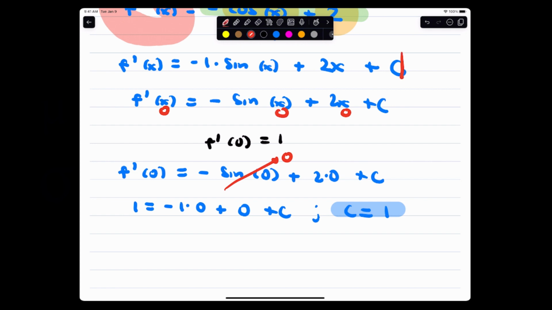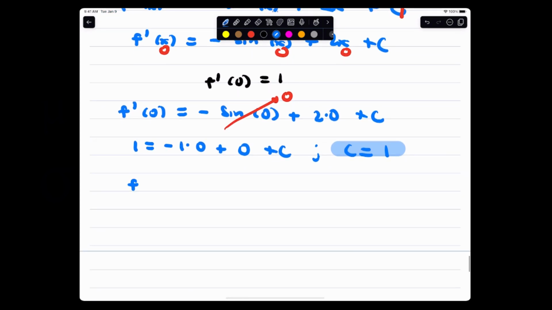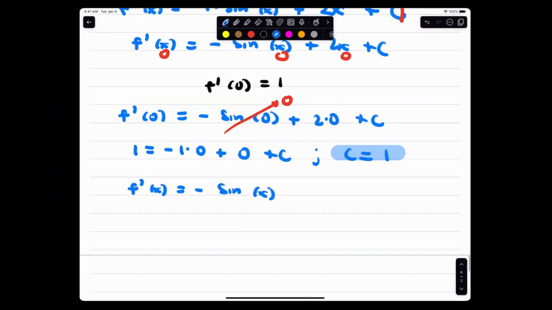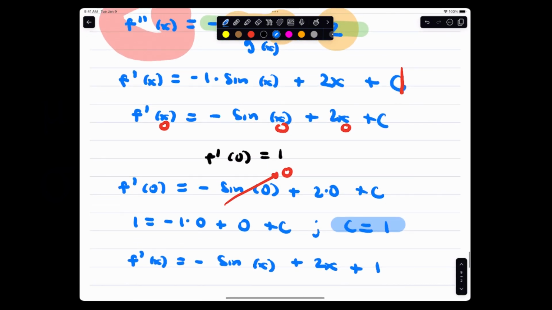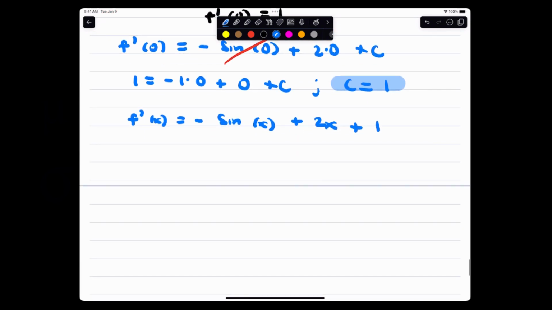We're almost there. So the first derivative function is minus sine plus 2x plus the c being 1. Okay, so there it is. We're almost there. We got to go from the first derivative now to the function.